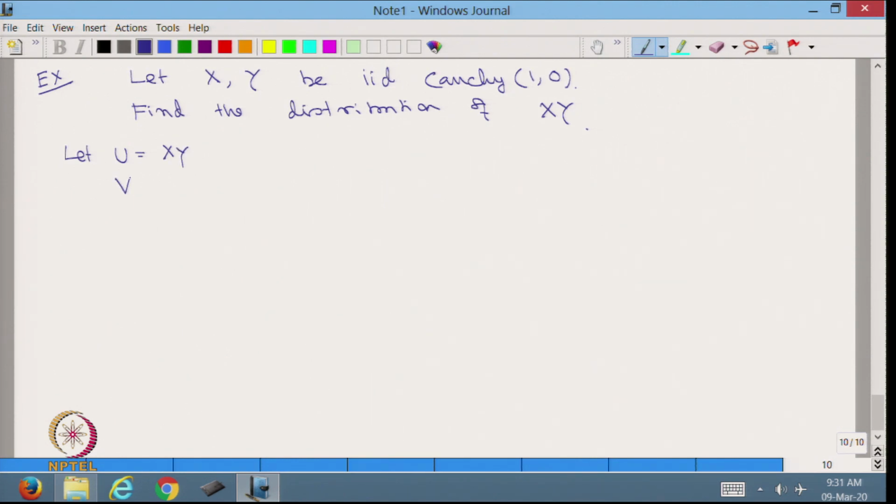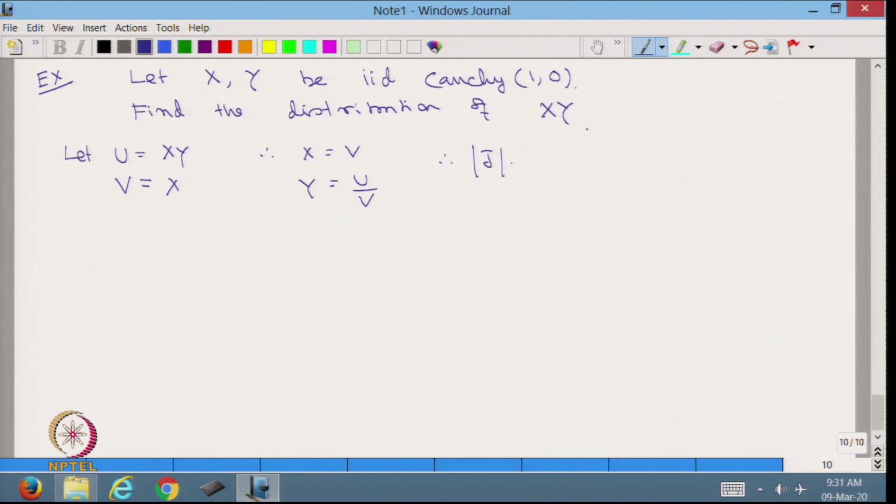So, let us take u is equal to x y and v is equal to x. Therefore, x is equal to v, y is equal to u by v.